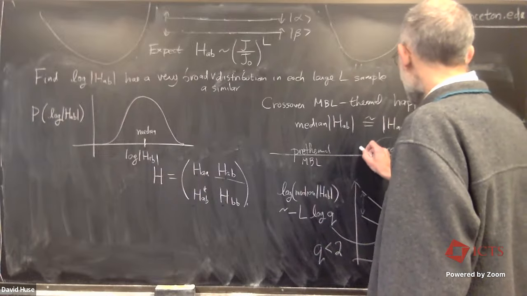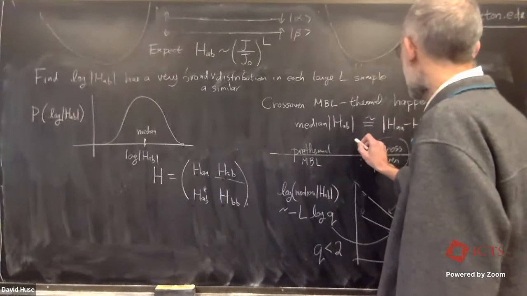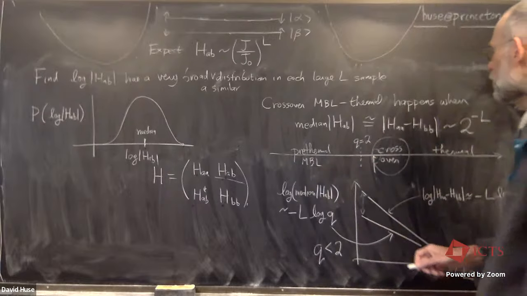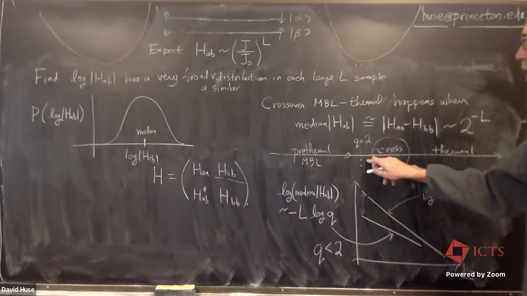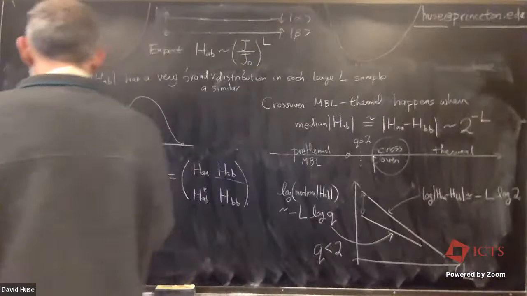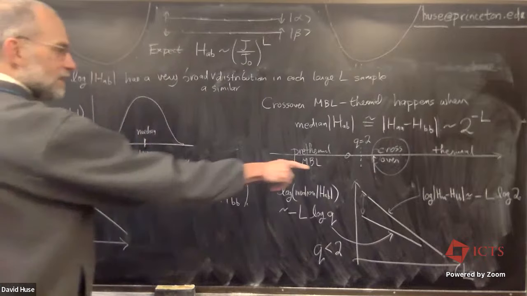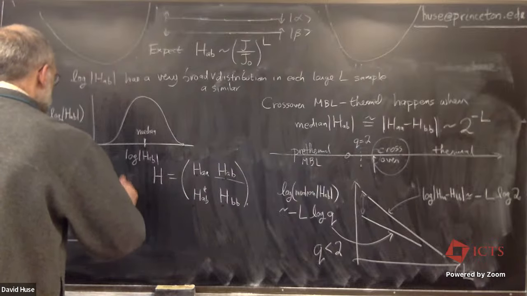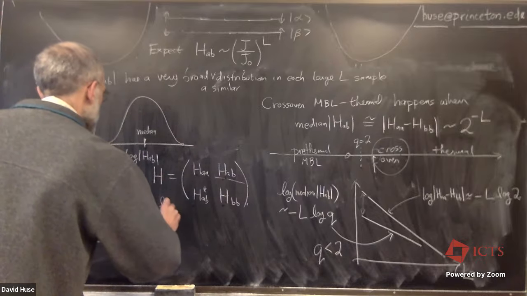And then somewhere here, not very far from the crossover, nowhere near the phase transition, the data gets to something like Q equals 2. If we go just a little bit past Q equals 2, on the numerical sizes we can access, here's again log HAA minus HBB, which is going as minus L log 2.